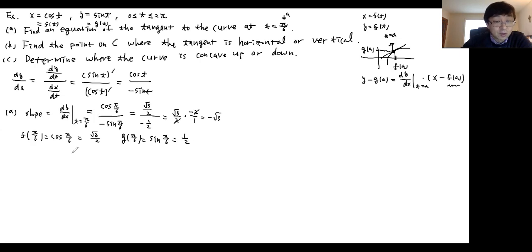We have these numbers. What is the equation of the tangent line? We can use this formula. y minus the y component, 1 over 2, equals the slope, negative root 3, times x minus the x component, root 3 over 2.